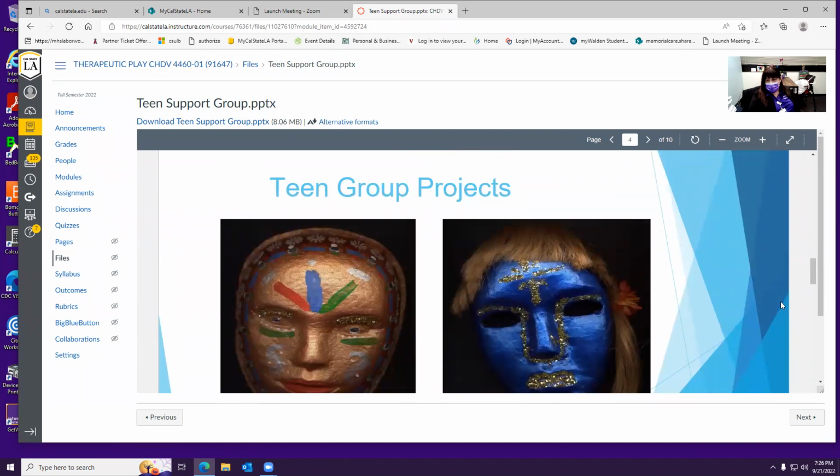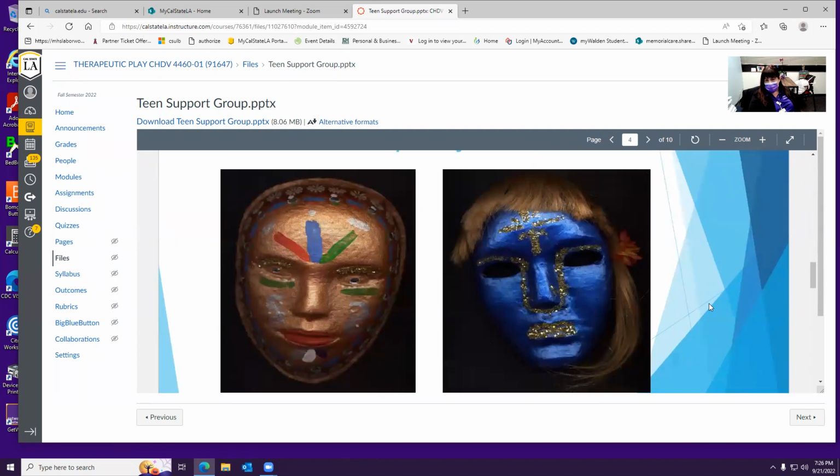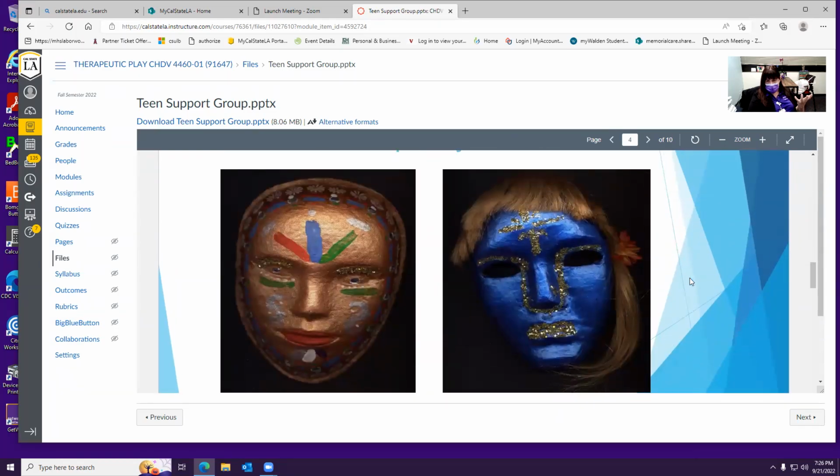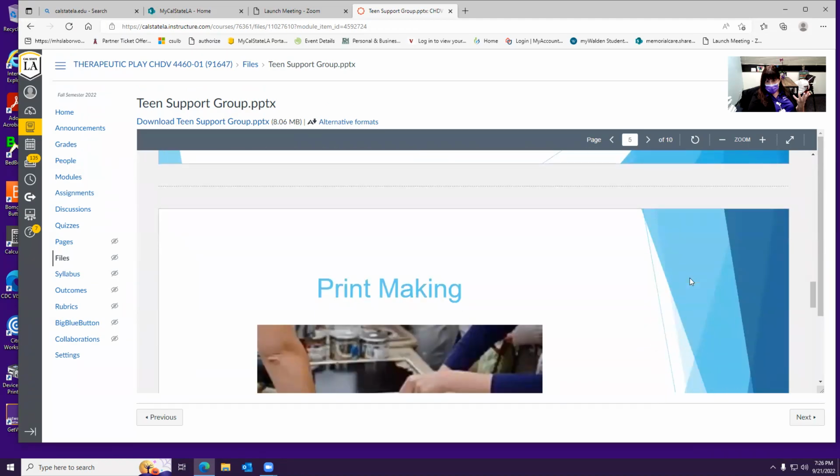We've done face masks because this is a common theme for HIV patients. They feel like they live somewhat with a mask on, that they really don't want people to know about their diagnosis. And they don't want to take that mask off, not even for their own family members.